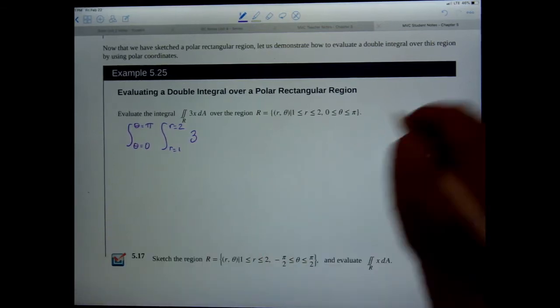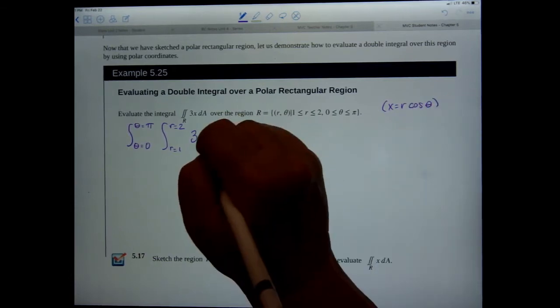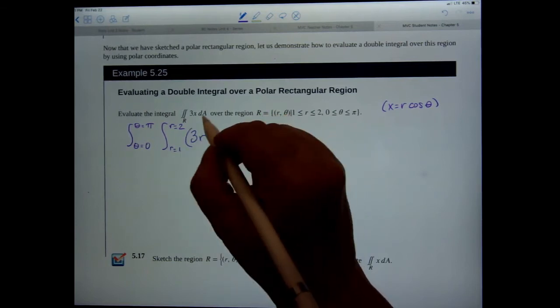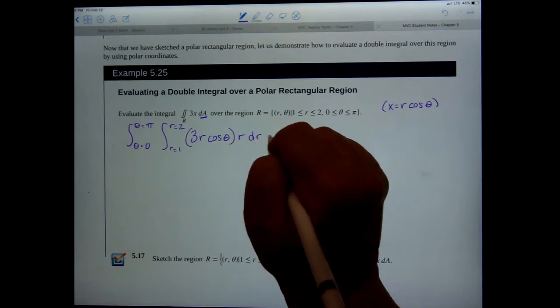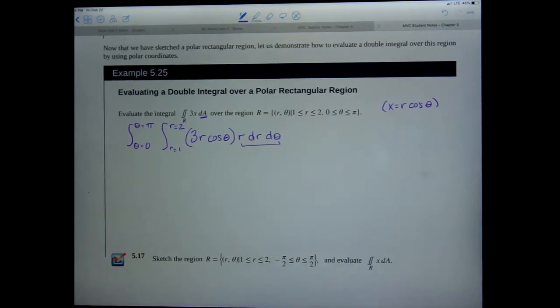X equals r cosine theta. So 3r cosine theta. And remember that dA includes an extra r. It's r dr d theta. You have to put all of that. Otherwise, you're going to get the wrong answer.